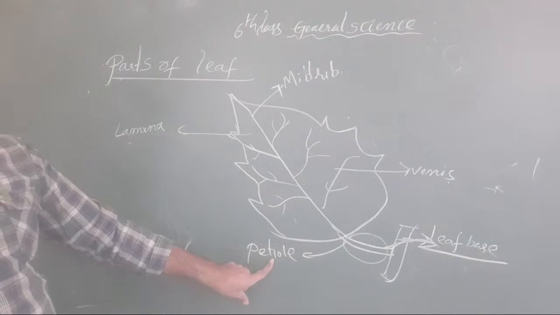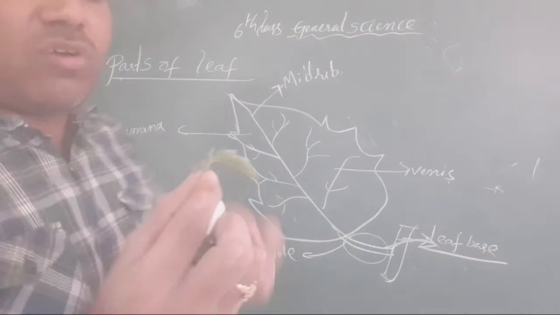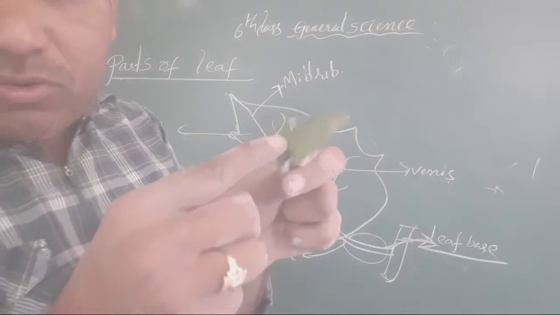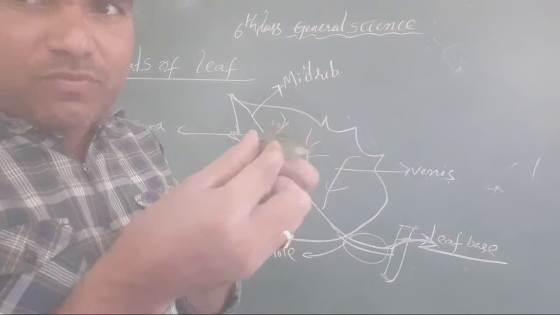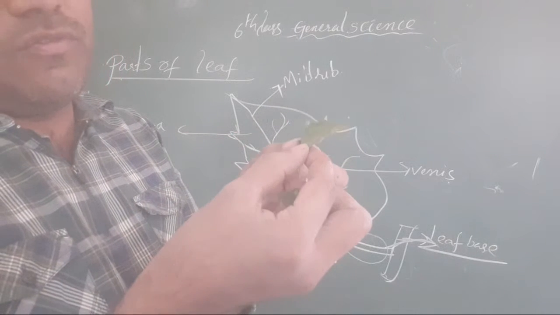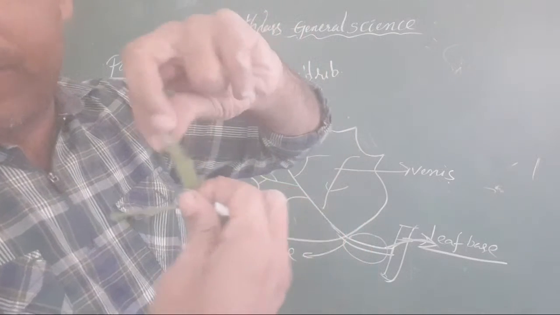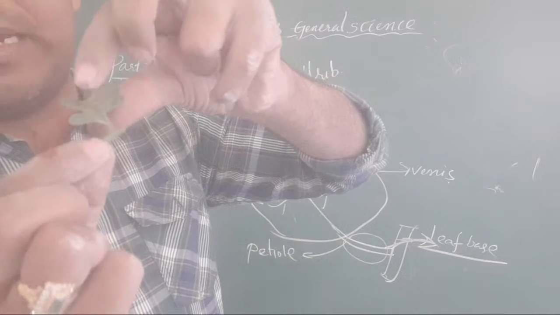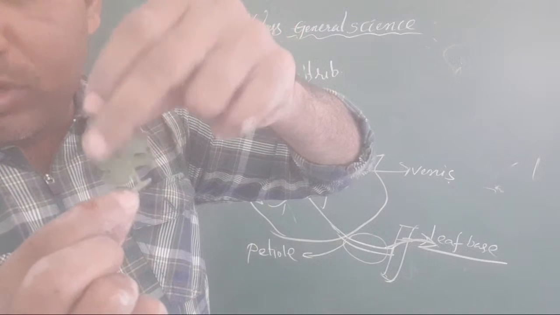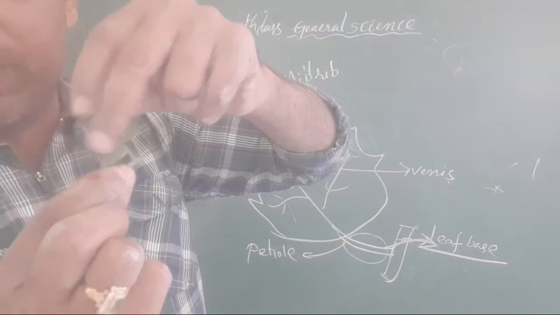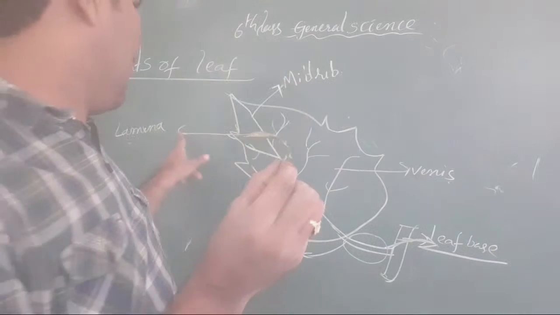It is called the petiole. And next, come to here. This total greenish part, with a somewhat different structure, is called the lamina.